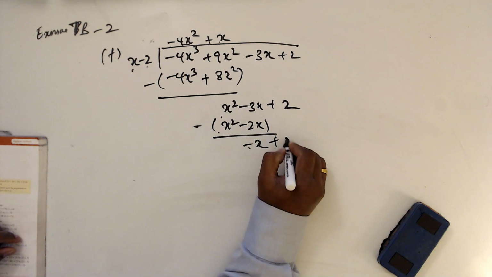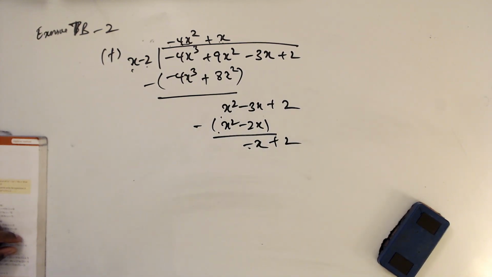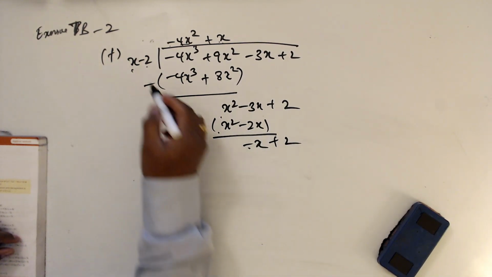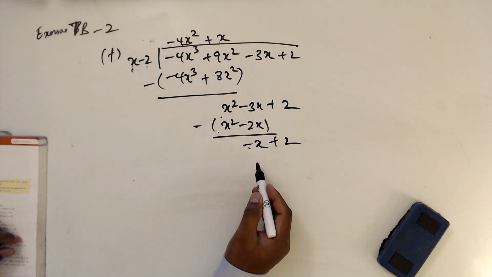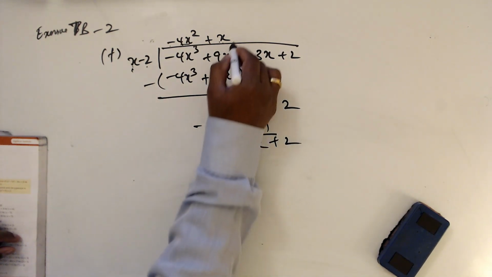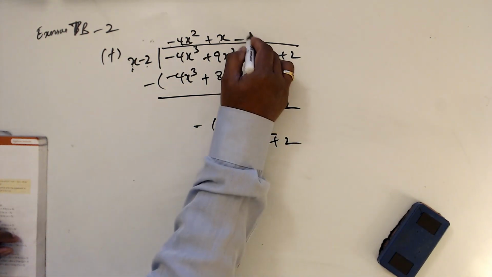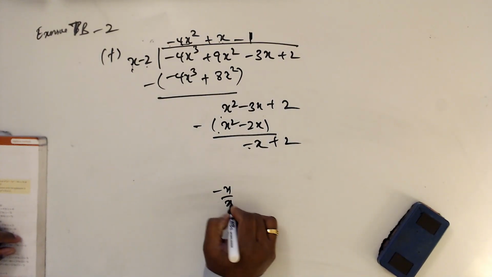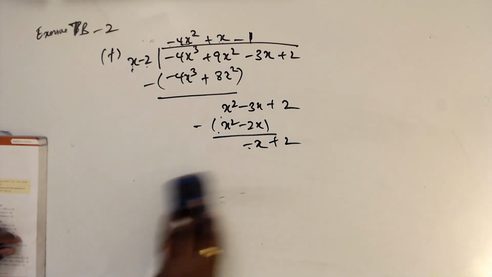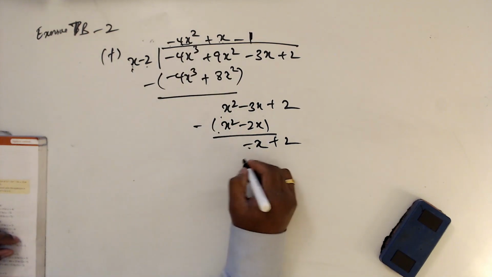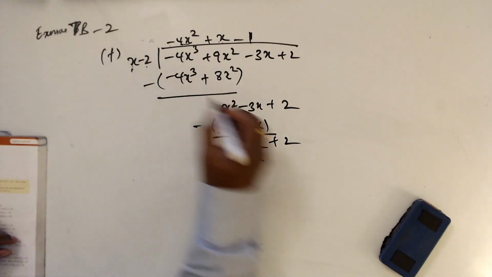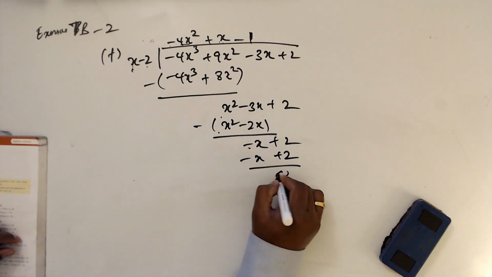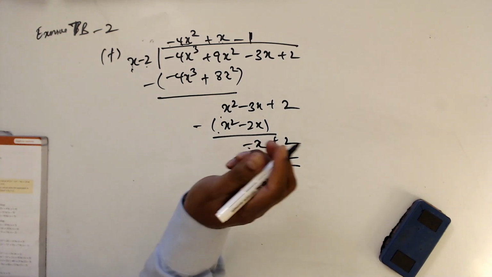And I'll bring this one down. So how many x goes to minus x? Minus 1. Or minus x divided by x is minus 1. So minus 1 times x, minus x. Minus 1 times minus 2, plus 2. Answer is 0.